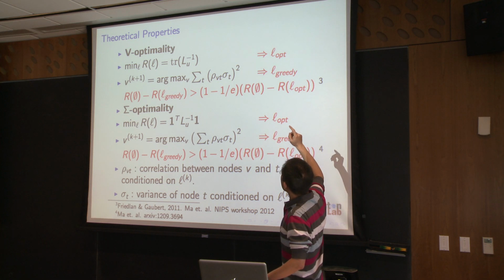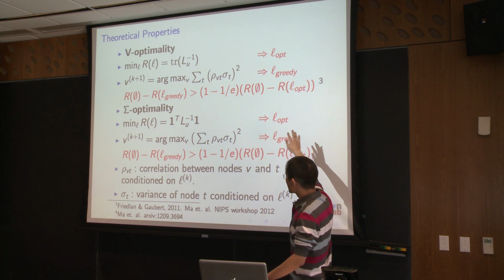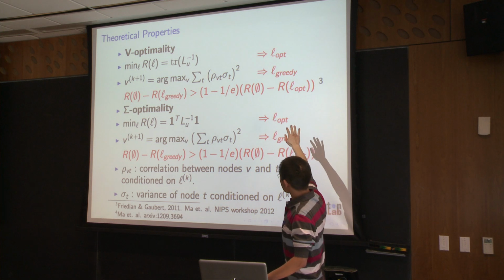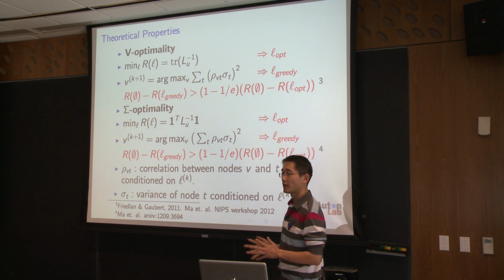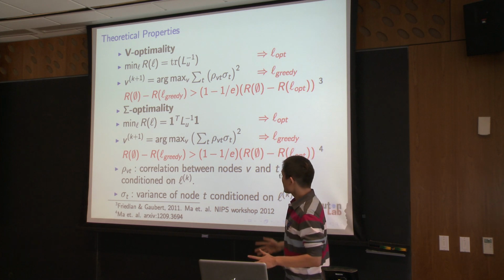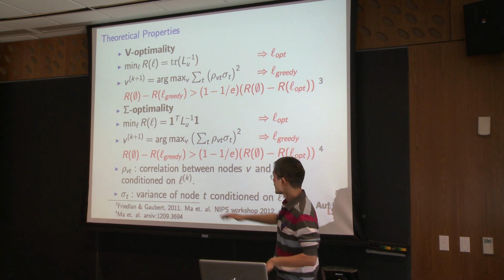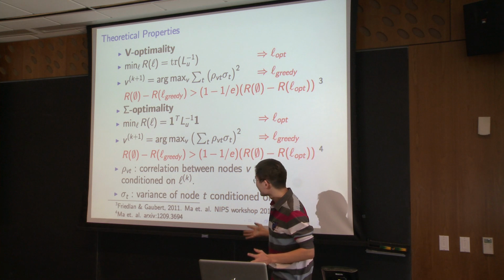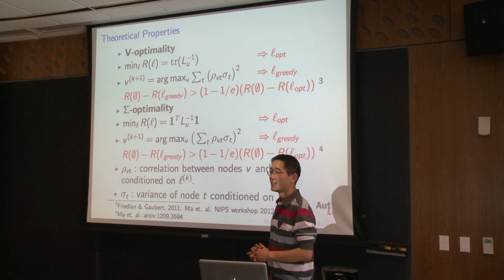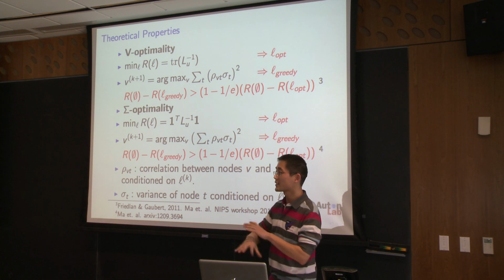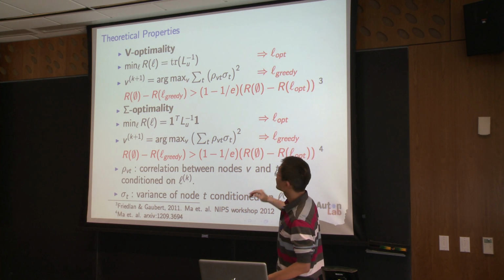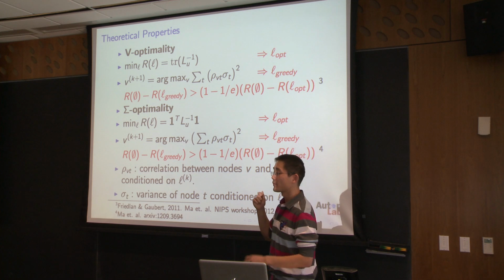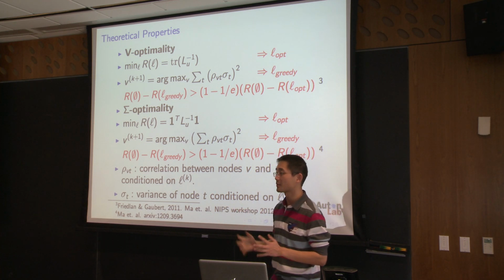So for V optimality, first we came up with a proof that appeared in a NIPS workshop last year. And then we found there's also this work by Friedland and Gaubert in the statistics community. They address all the spectral set optimization problems.